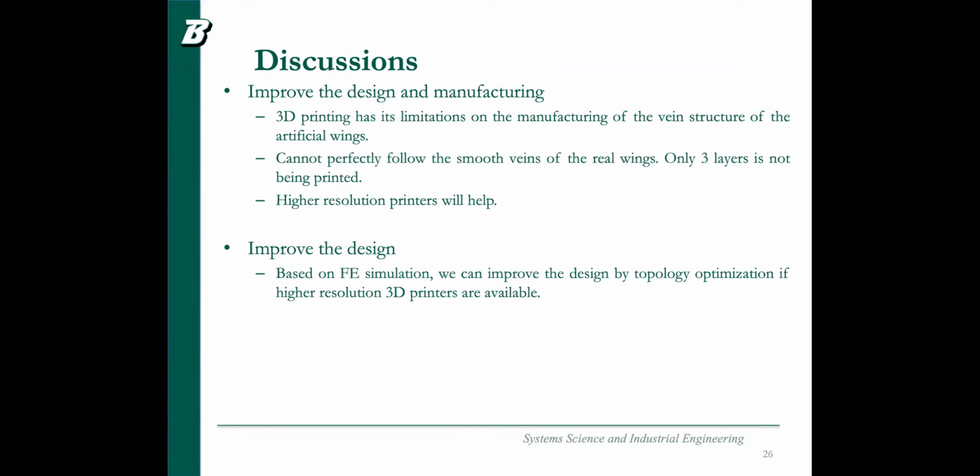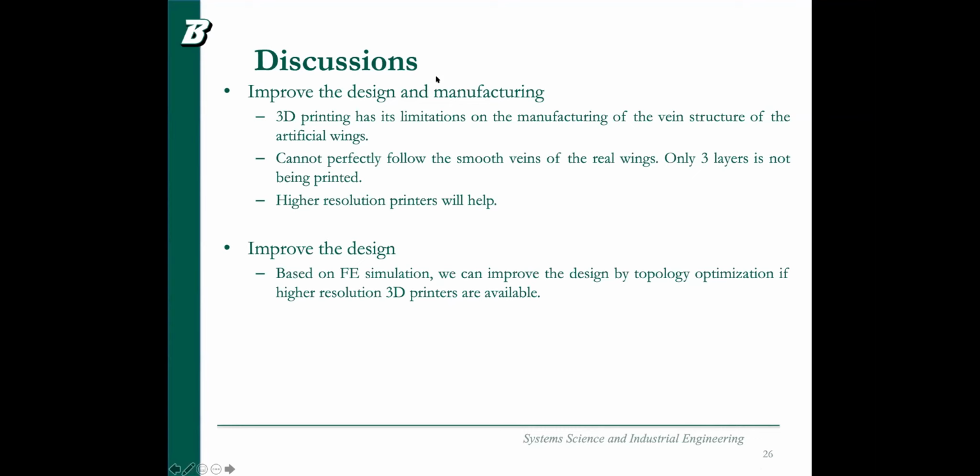First, 3D printing has its own limitations on the size of the vein structures, because 3D printing uses nozzles. The nozzle has a size; we're using a nozzle size of 0.4. Of course, we can use 0.25, but that still has limitations, because natural vein structures are very smooth, just like the natural sticks we see every time.